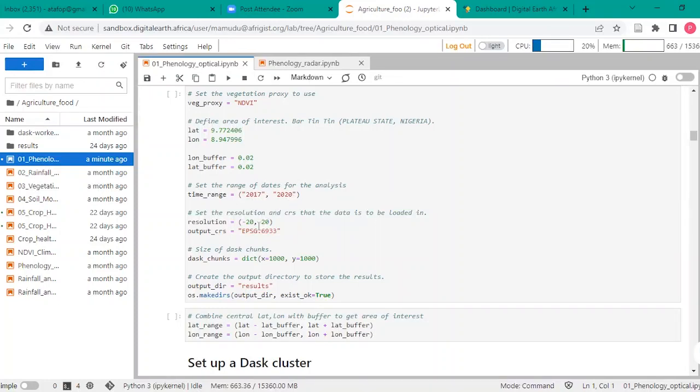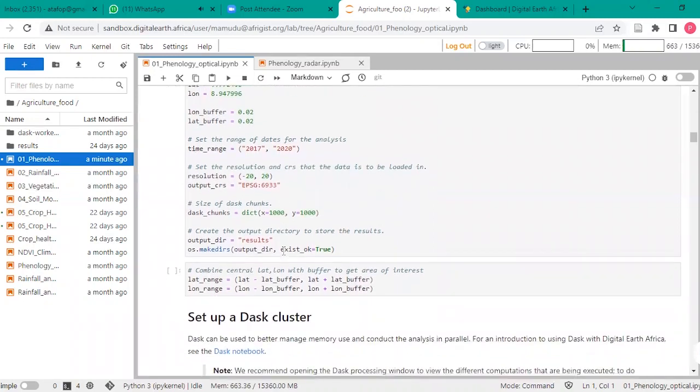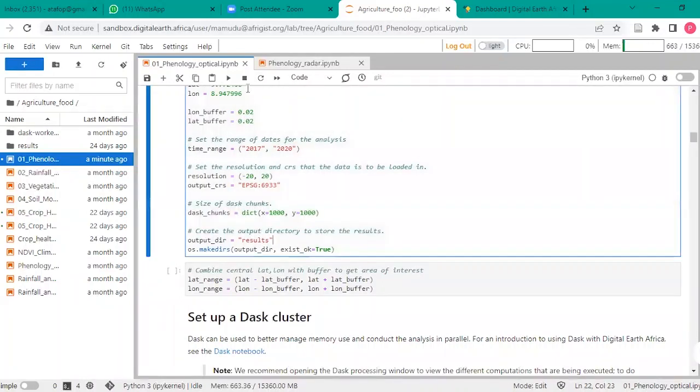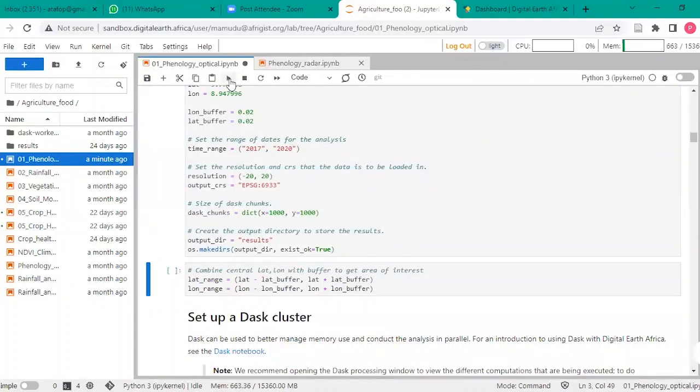The image we are using is the Sentinel-2 data set, which is optical, at 20-meter resolution. The output coordinate system is EPSG 6933. We've defined the Dask chunks there, as well as the output directory to which all our results will be saved. Now, having defined all those, we can run that.